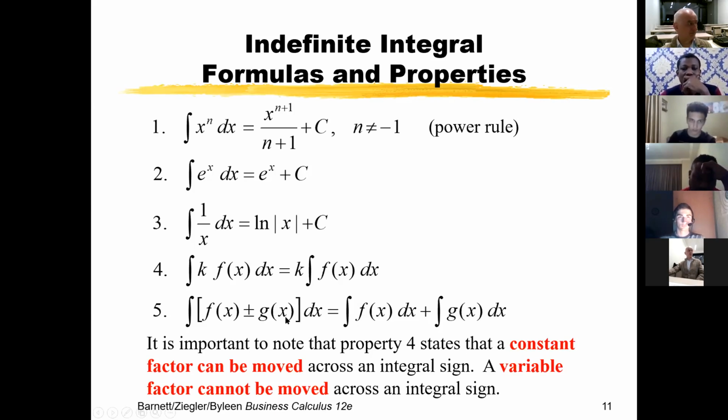And the last formula shows that the integral of a sum of functions is the sum of integrals.